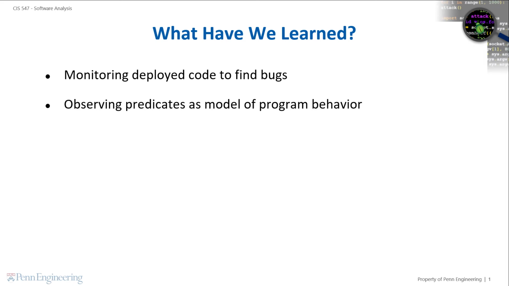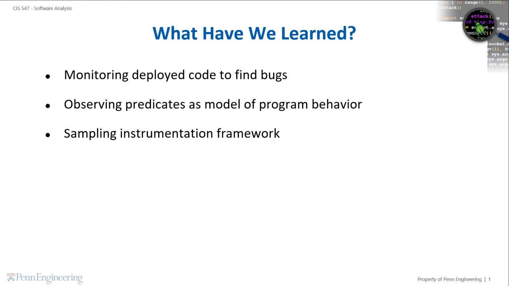We saw how to model program behavior by observing predicates on the program's state at given points in the program. And we used this model to abstract away much of the complexity of program state while maintaining sufficient information to locate sources of bugs.